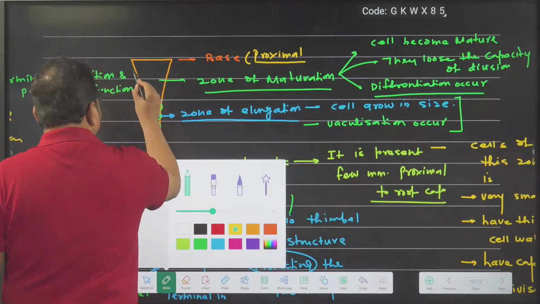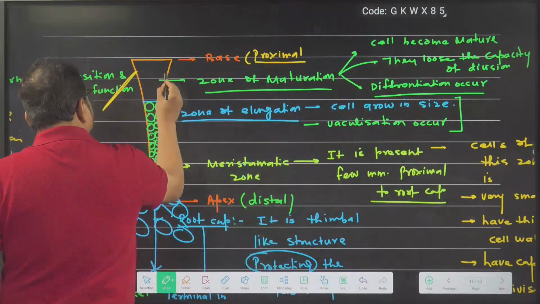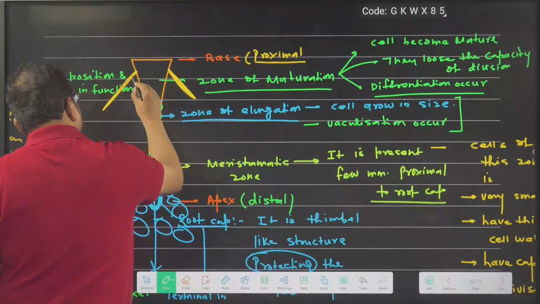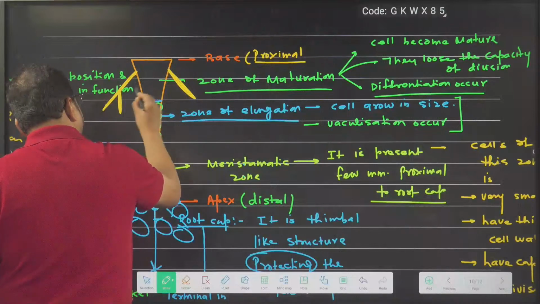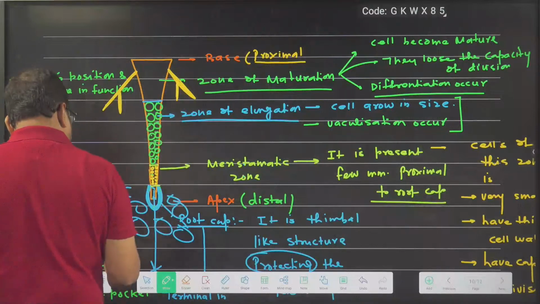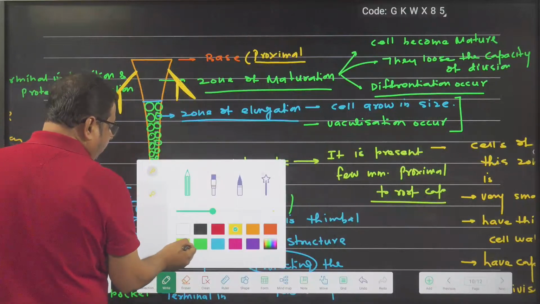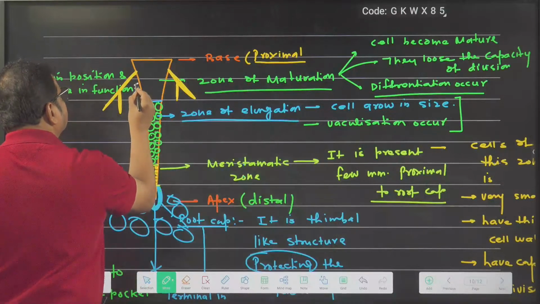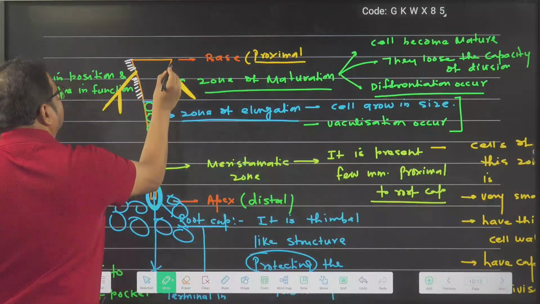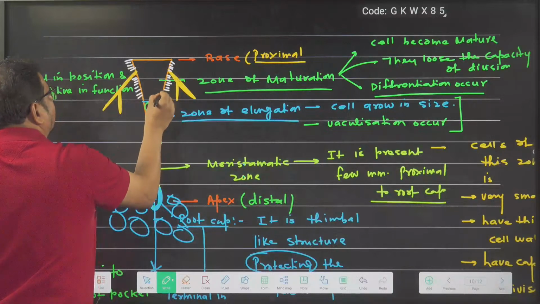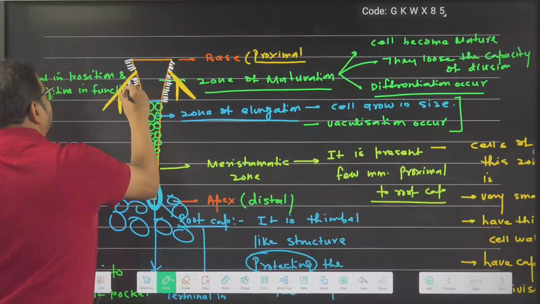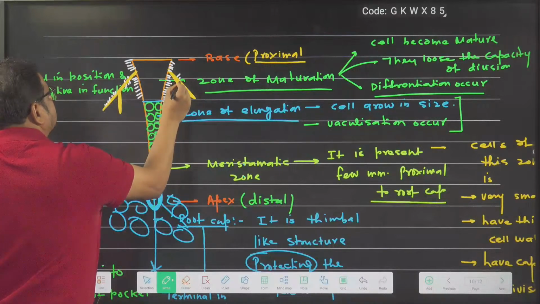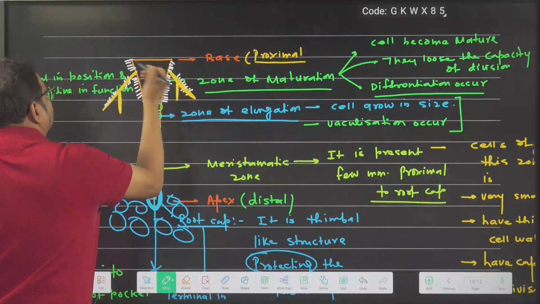Now, the two important things. One is lateral roots. Examiner asks this line. This is lateral root. And this is root hairs. Got the idea?